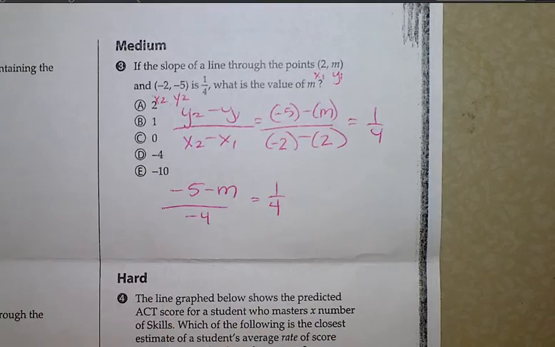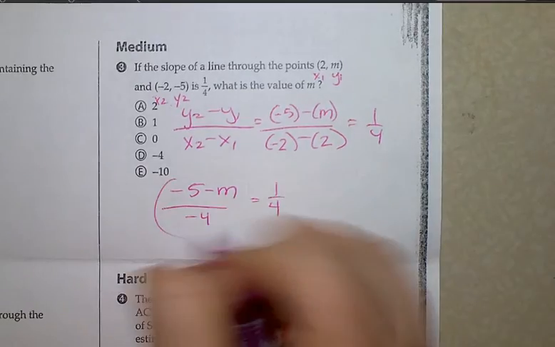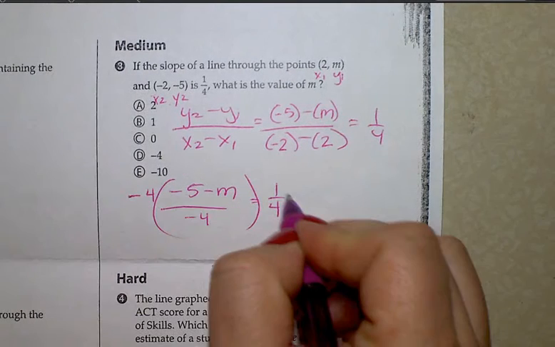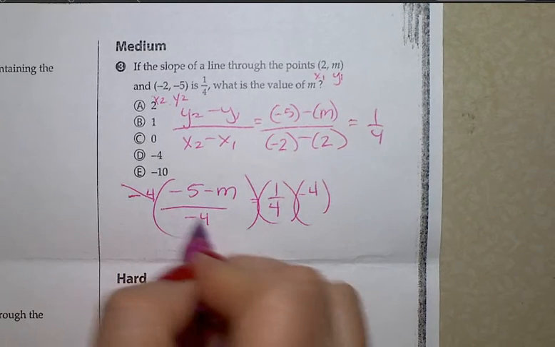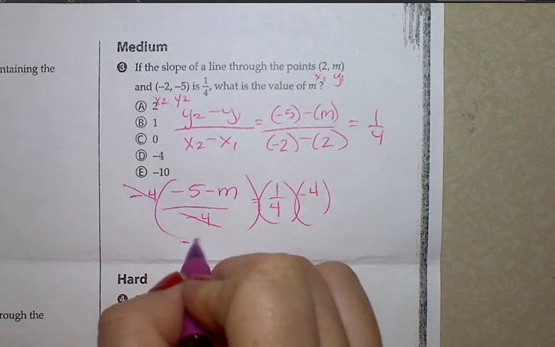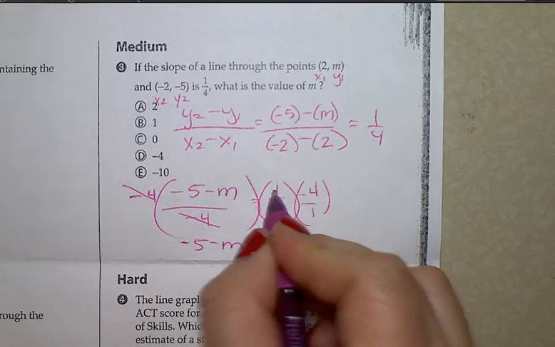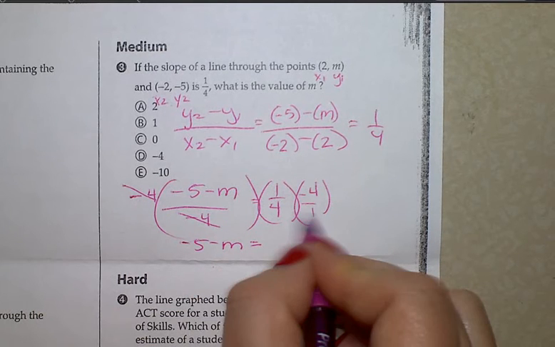So we're going to get rid of, first of all, whatever's being multiplied or divided on this particular side. Right now we're dividing by -4, so the opposite operation would be to multiply by -4. The -4's cancel. You'd be left with -5 minus m equals -4 over +4. -4 divided by +4 is -1.